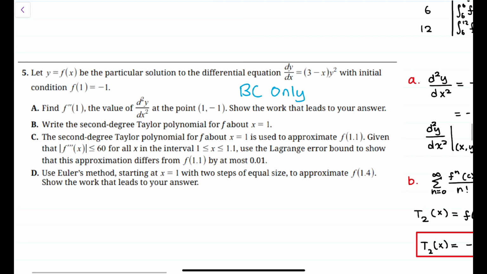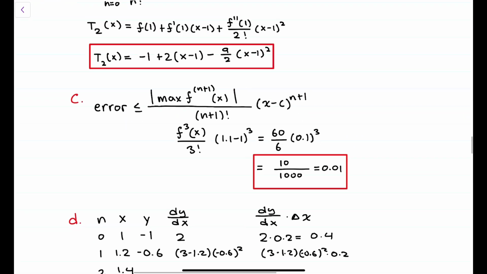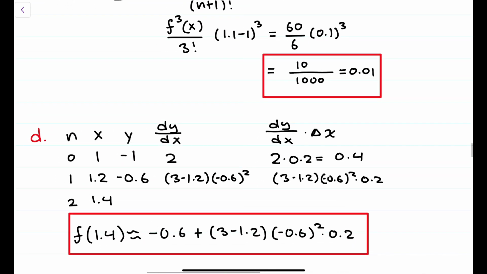Then part D asks us to use Euler's method with two equal step sizes, so 2 steps, and approximate f of 1.4. So it was a bit messy, and I don't think we had to simplify it. We start with x equals 1 and y equals negative 1. We plug those two into dy by dx. We get 2. The step size is 0.2. And so we multiply 2 times 0.2, which is 0.4.